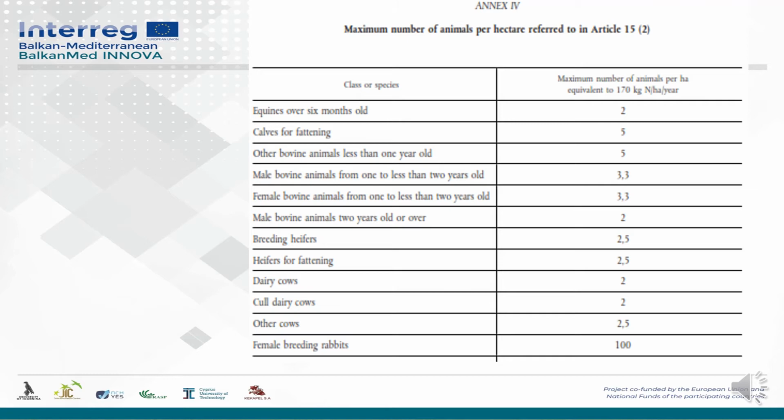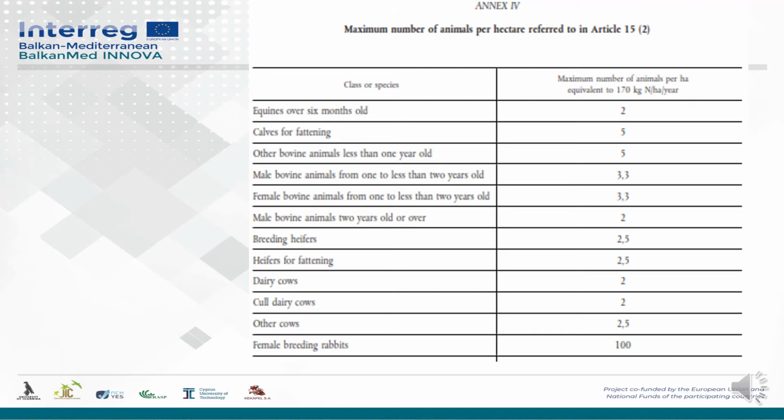Other bovine animals less than 1 year old, 5 per hectare. Male bovine animals from 1 to less than 2 years old, 3.3. Female bovine animals from 1 to less than 2 years old, 3.3. Male bovine animals 2 years old or over, 2 animals per hectare.